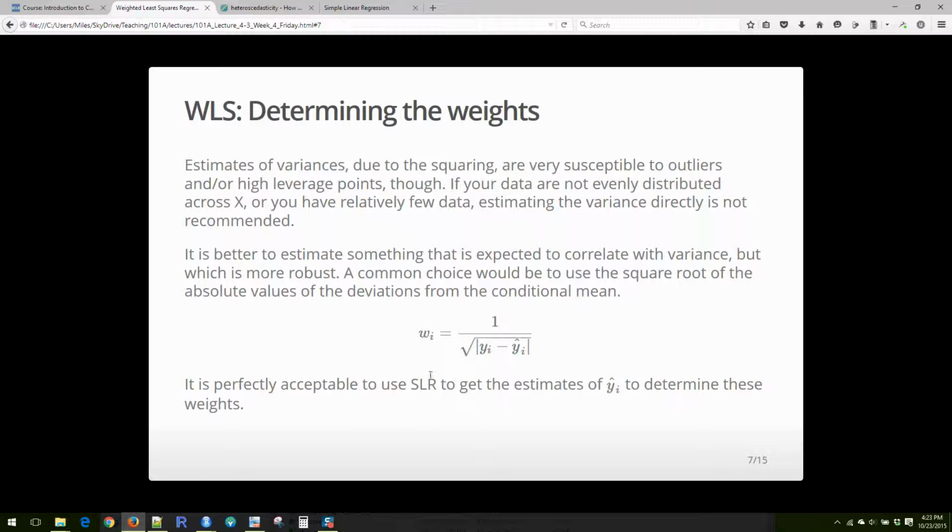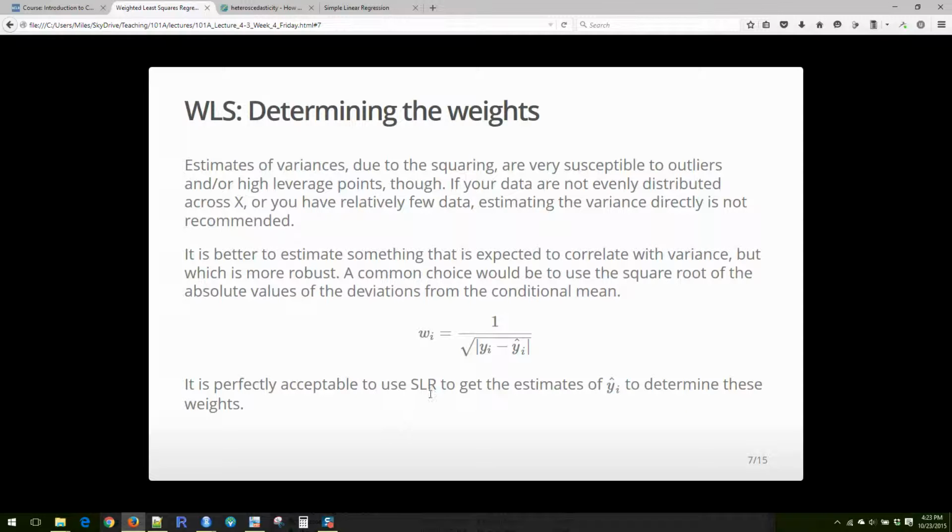It cares if you've got a high leverage point, but if you've got an outlier right here, it's not going to really affect it, whereas estimating the variance directly is going to be very heavily influenced if a point is up here.